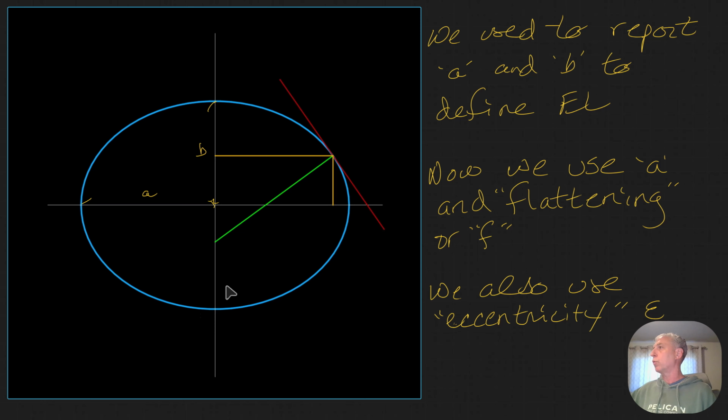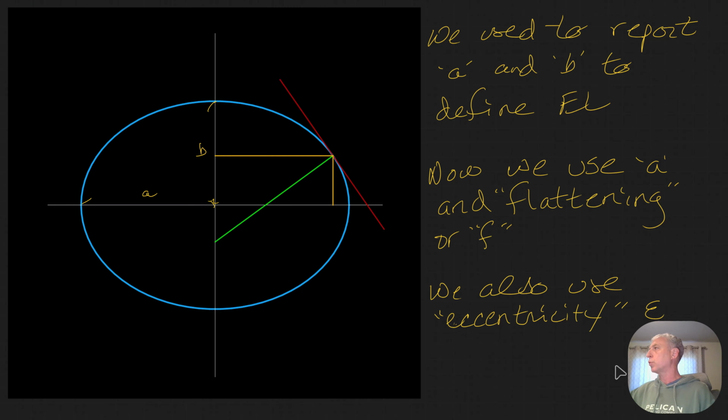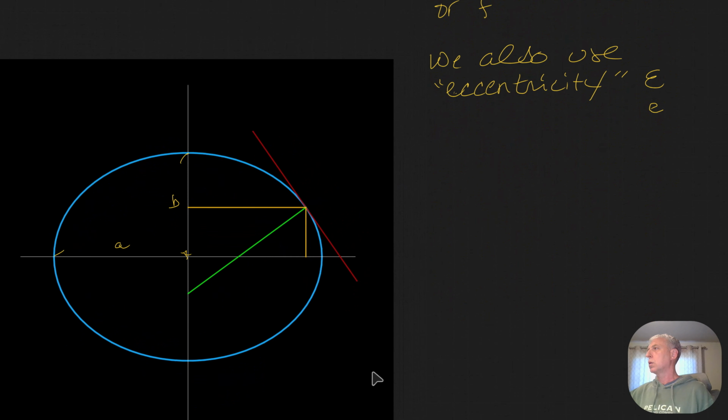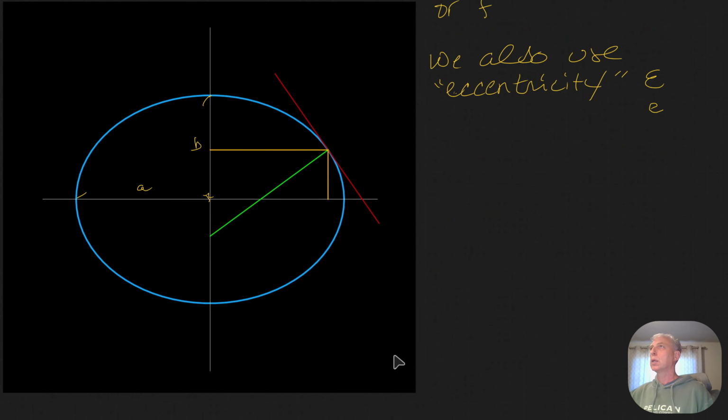Okay, so those are the ellipsoid parameters. What are those e and f numbers?